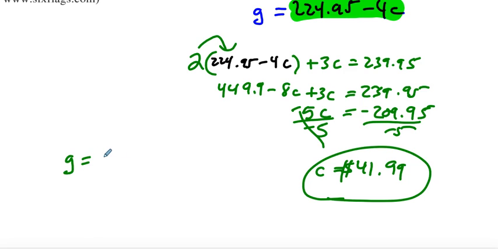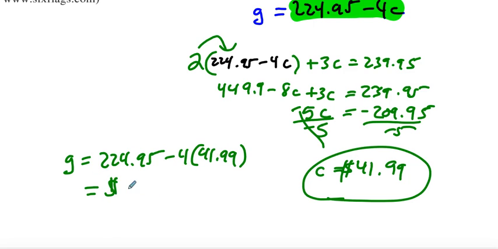General admission is equal to $224.95 minus 4 times the price of one child ticket, $41.99. Great. So if we do that and put that in, that would give us $56.99. That's going to be our general admission right there.